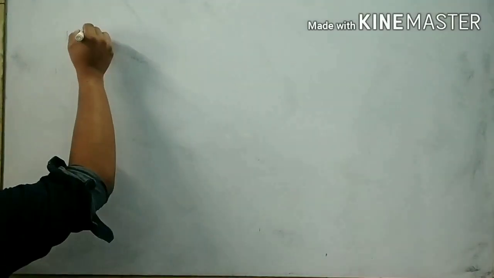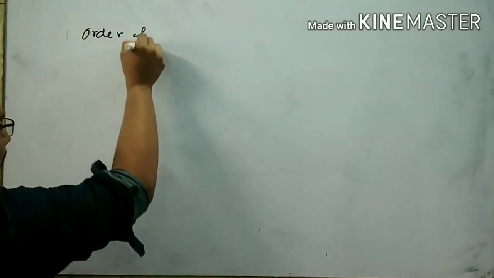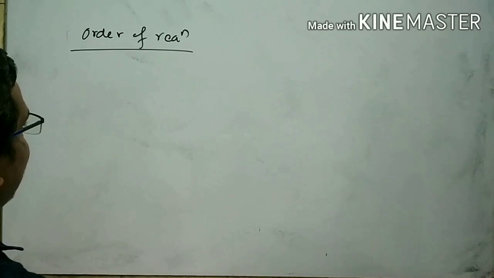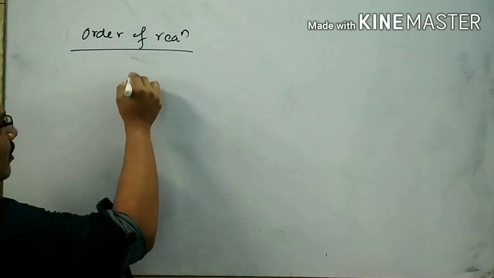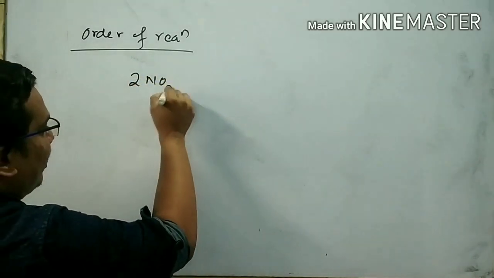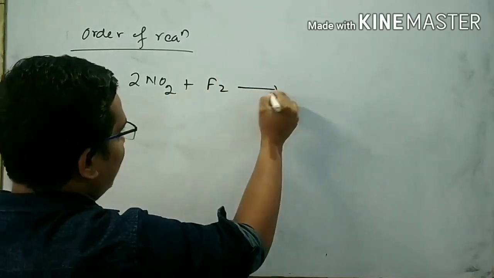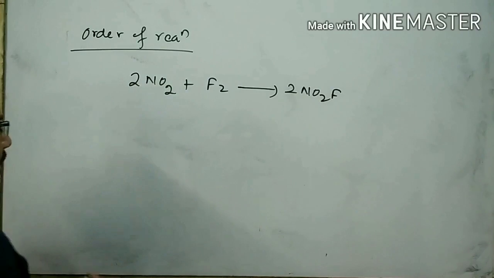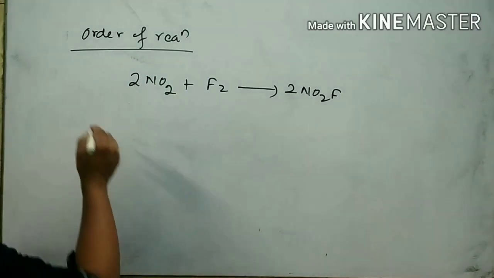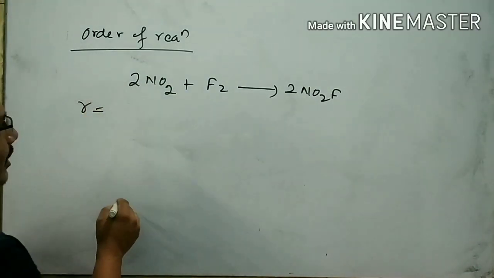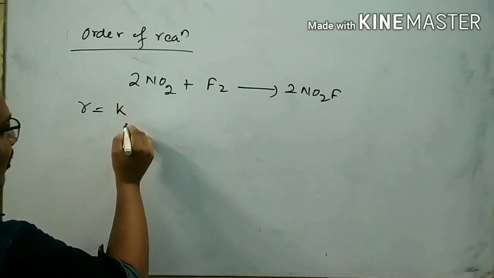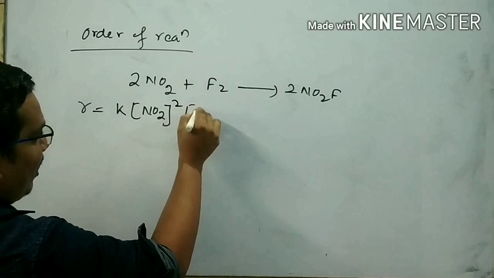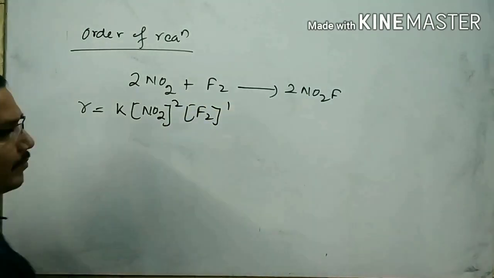Next I will discuss the order of reaction. Before going to the order of reaction, take an example: 2NO2 + F2 gives 2NO2F. If I apply the law of mass action, then R can be written like this: R is equal to K into NO2 power 2 into F2 power 1.